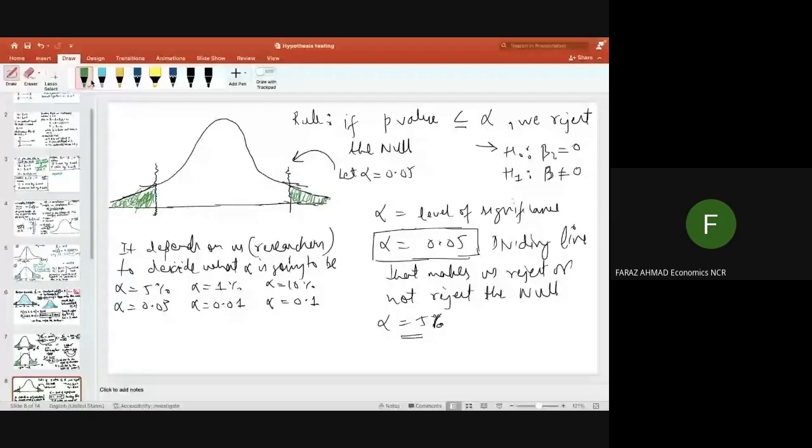So this is the line, suppose, the dividing line that divides the area under the curve into two parts. Area under the tails, 5%. Area in the body, in the center, 95%. So we have 95% blue area.